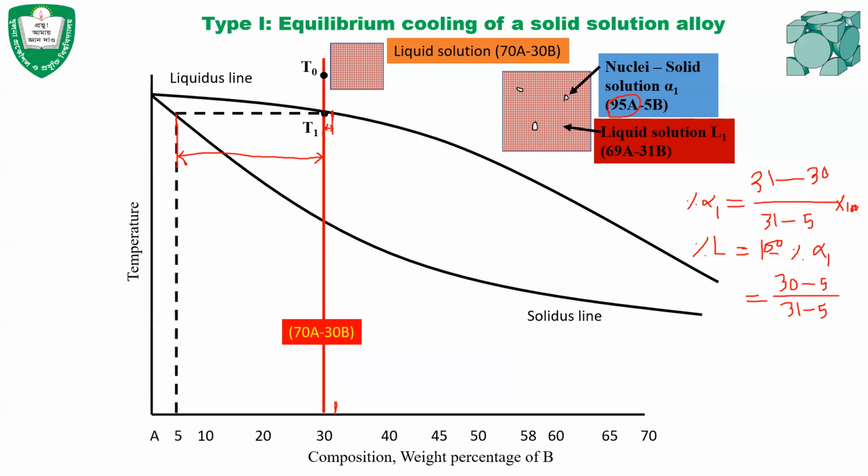And at the beginning, at temperature T naught, the liquid solution had like 70 A and 30 B, and when the solid has formed, the solid has 95% A and 5% B. So the solid is very rich in A, and the liquid will subsequently be rich in B, because most of the A is being used in the solid. That is why it becomes rich in B. Okay. Yes, sir.